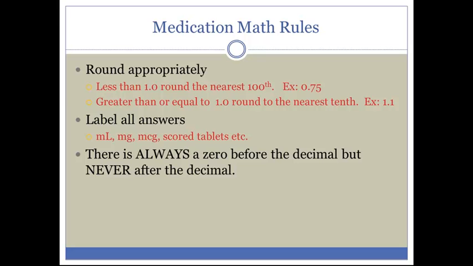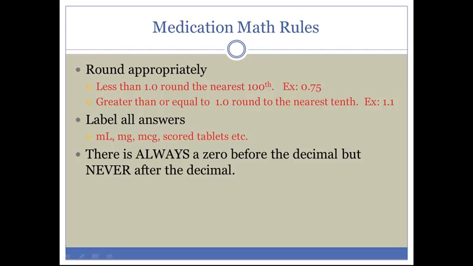Round appropriately. So less than 1.0, round to the nearest hundredth. So example, if you have 0.75, we would round that to the nearest hundredth. Okay, this is rounding to the nearest hundredth here.